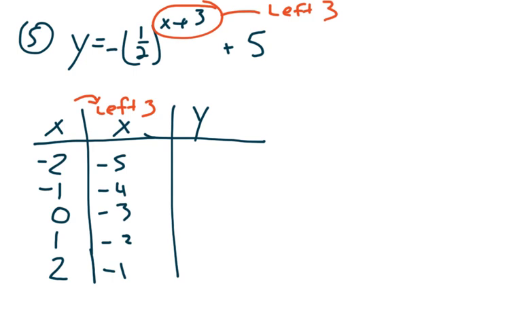Put parentheses around the exponents, around whatever you're raising it or whatever you're multiplying it to. So I'm going to put -1/2, and then in parentheses, -5 plus 3, and then plus 5. Okay? Make sure you put parentheses around the exponent, especially when you're adding or subtracting to the exponent.